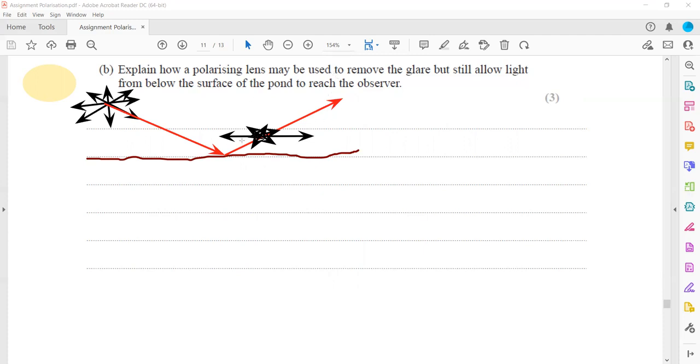So according to the surface, it is polarized. And for objects which are underwater, the light is reflected from those objects under the water. Because refraction does not polarize the light, reflection can polarize the light.